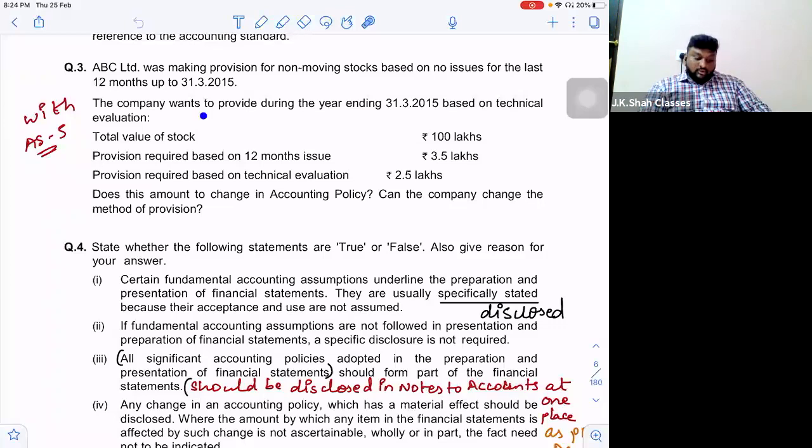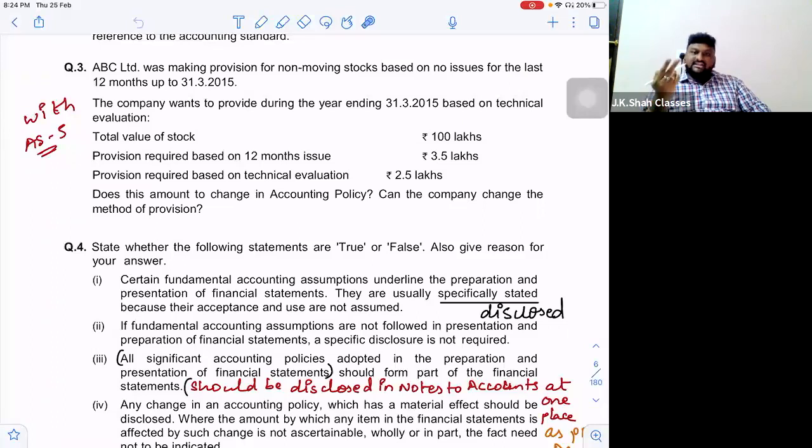But the company wants to provide during the year ending 31st March 2015 based on technical evaluation. First they created a provision based on no issues for the last 12 months, and now they want to provide based on technical evaluation.